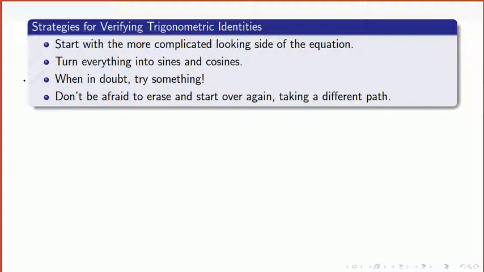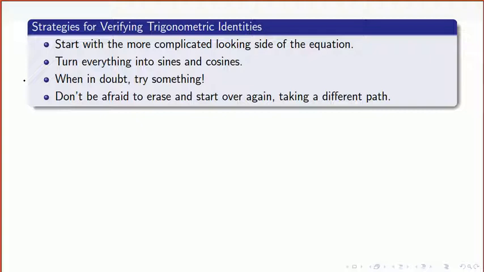And last but not least, don't be afraid to erase and start over again, taking a different path. There are going to be cases where you start working with a trigonometric identity and you get stuck, and it doesn't seem to be leading to making one side look like the other side. And that's okay.